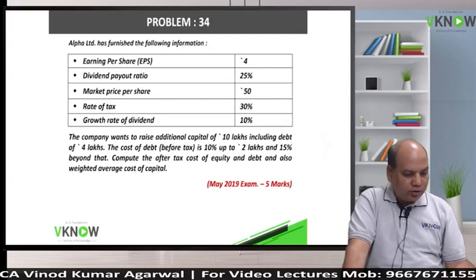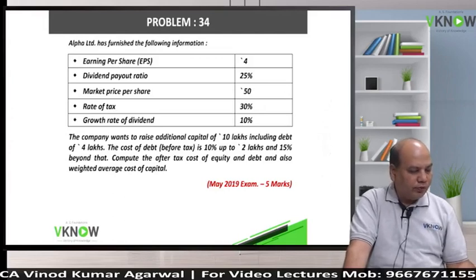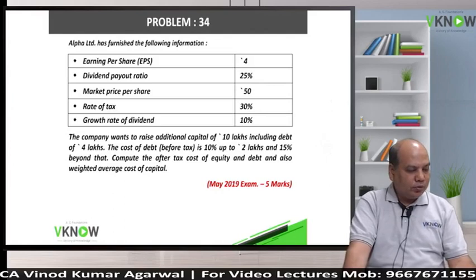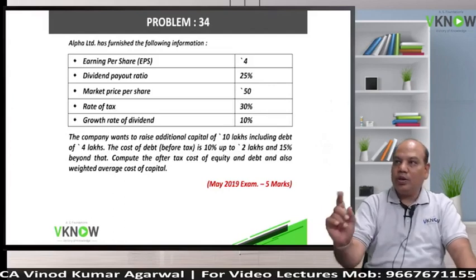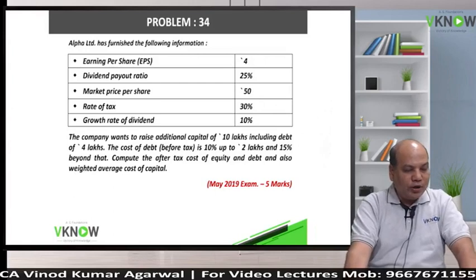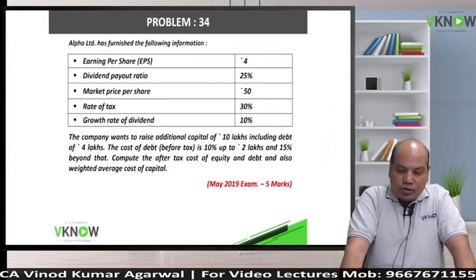Now we'll take question 34 from May 19 exam. All questions that I am doing are important. Alpha Limited has furnished the following information: EPS 4, dividend payout ratio 25%, market price 50, rate of tax 30%, growth rate 10%.